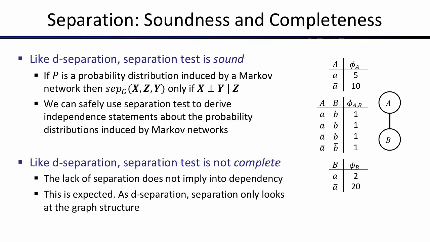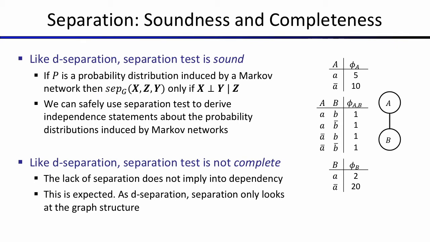It's interesting to discuss the soundness and the completeness of the separation test. And this is again equal to what happened with the Bayesian networks. In a few words, the separation test is sound, but it's not complete. What does it mean?